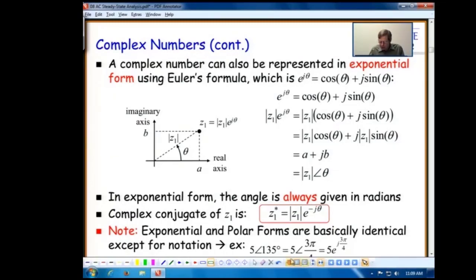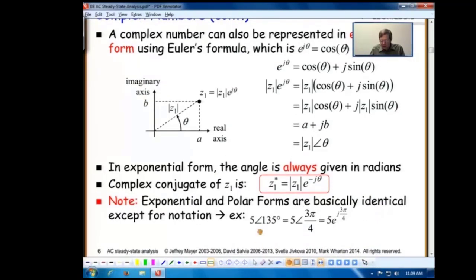That's summarized a little bit on the bottom of this slide here. If I have a number expressed as 5 at an angle of 135 degrees, if I convert that angle to radians, that's 3 pi over 4 radians, or 3/4 pi radians. So it's 5 at an angle of 3/4 pi radians, which is the same as 5 e to the j 3/4 pi.